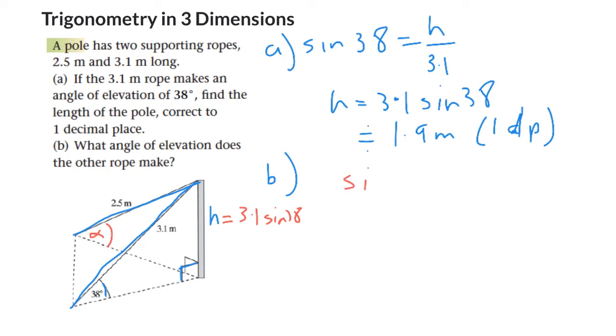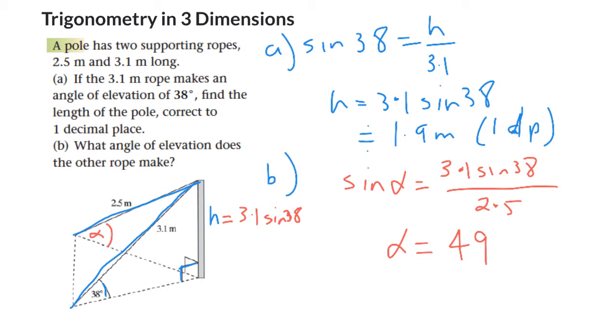We're going to say sine alpha equals our opposite, which is 3.1 sine 38, over our hypotenuse, which is 2.5. We're going to take the inverse of that, and we're going to find an angle of alpha, which is 49 degrees and 46 minutes.